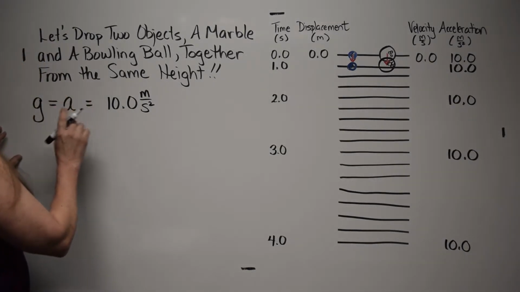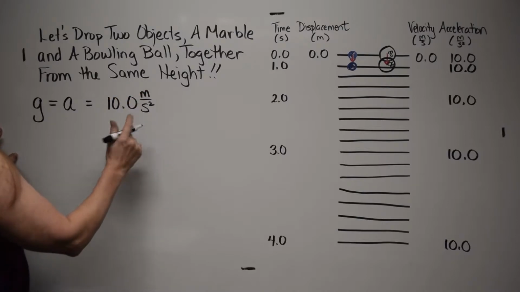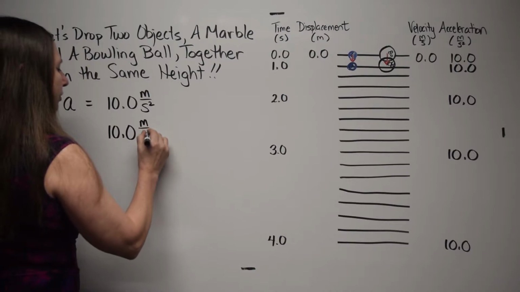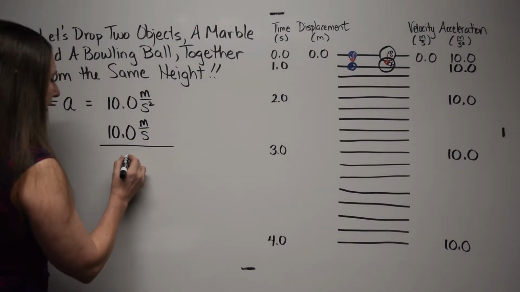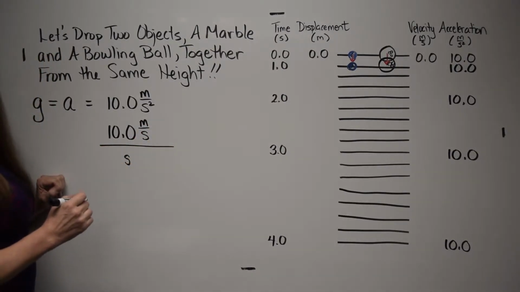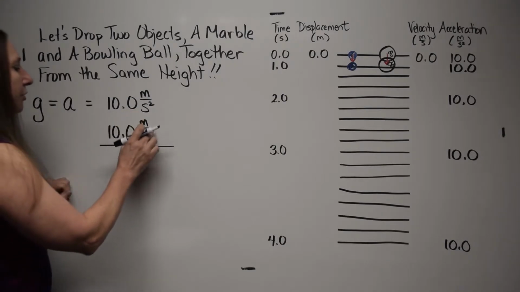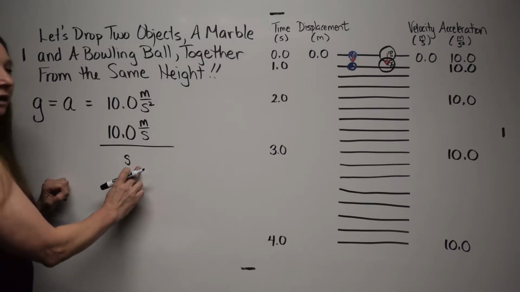All right, now, 10 meters per second squared means 10 meters per second per second. It means that the velocity changes 10 meters per second every second.